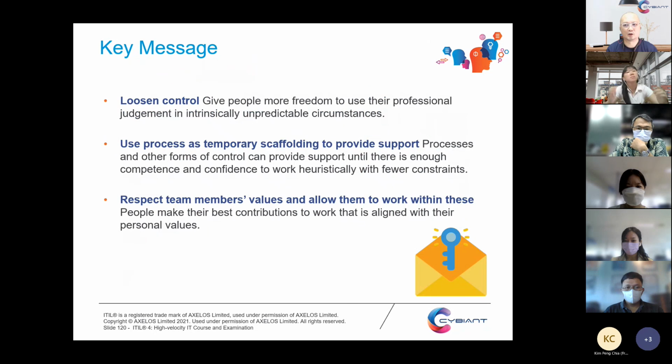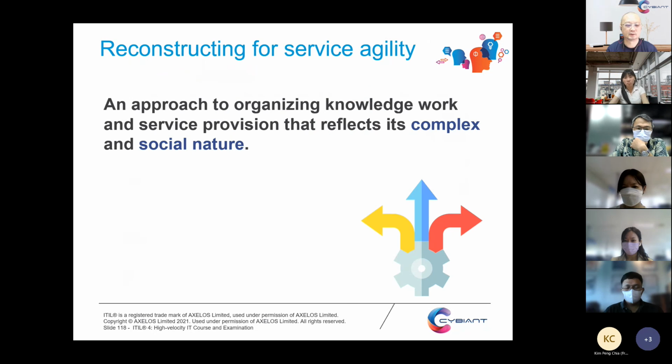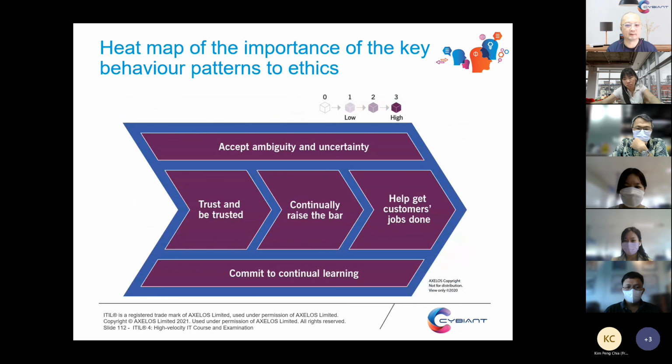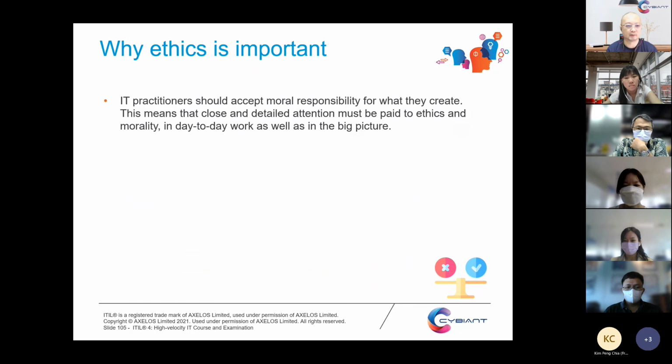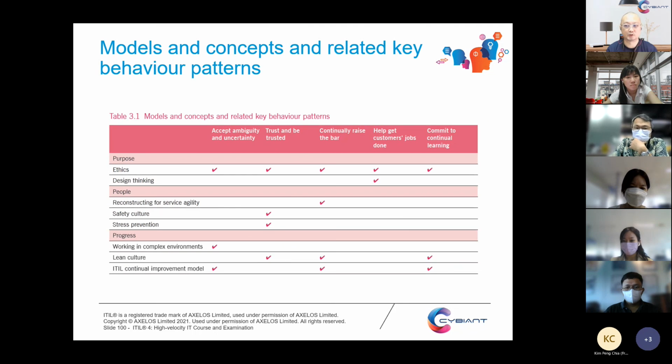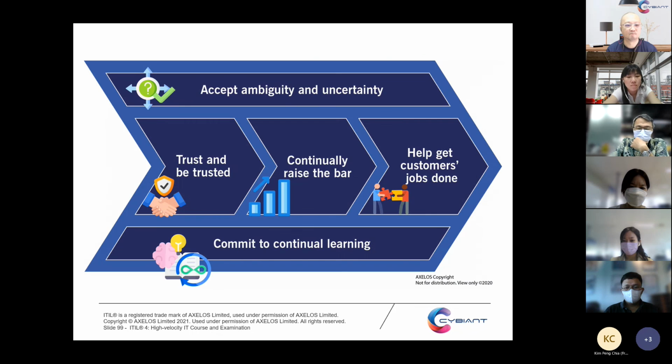There's a lot of people, culture, and progress that needs to be tracked and done in this module. That's all there is to it. And quite a number of definitions and tables as well. These were the ones that we spoke about, which is quite important. So this is the whole module summarized in this slide.